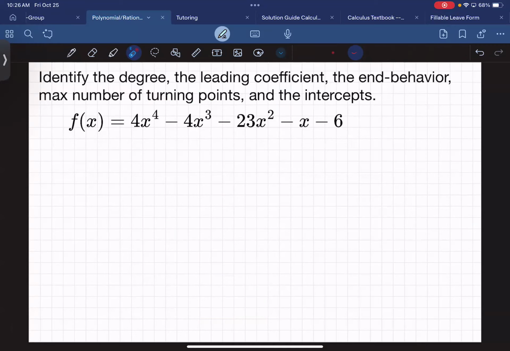Let's work through this. What type of function is this that you're about to start writing down? How would we describe this function? It's not quadratic, right? Quadratics have what exponent? What does this one have that we have to watch out for? A 4. It also has cubed, right?